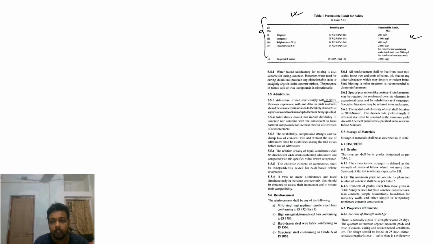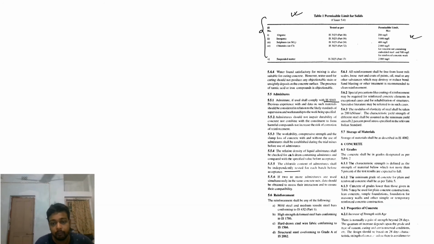Admixture should not impair durability of concrete nor combine with constituents to form harmful compounds. If you use an admixture with chloride content, then definitely you should test it. Maybe they ask what kind of test, what kind of admixture you use, and you have to carry out the test, that is the chlorine content.